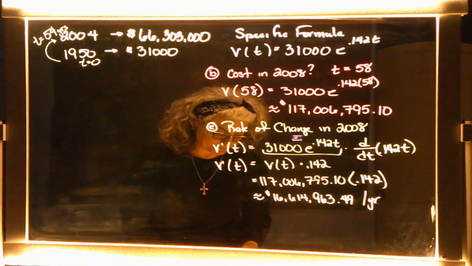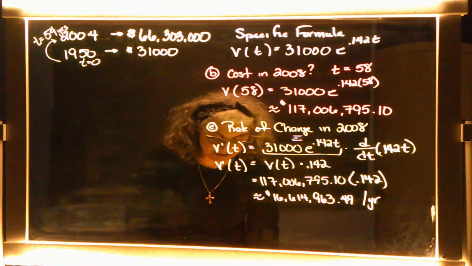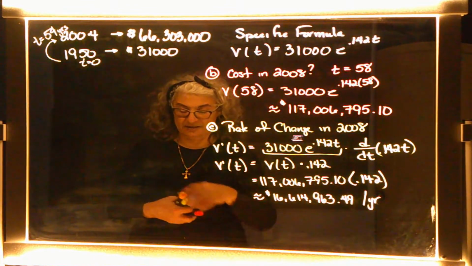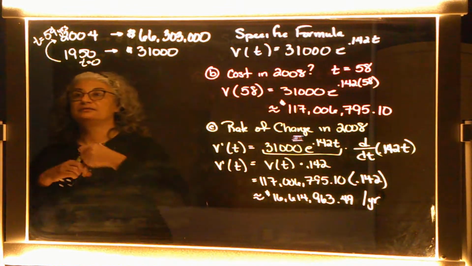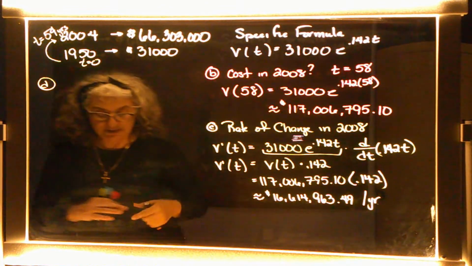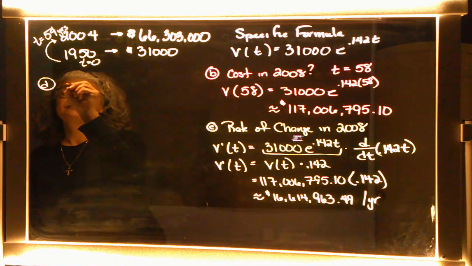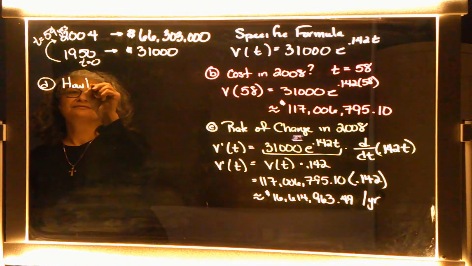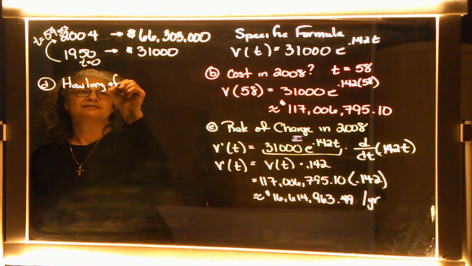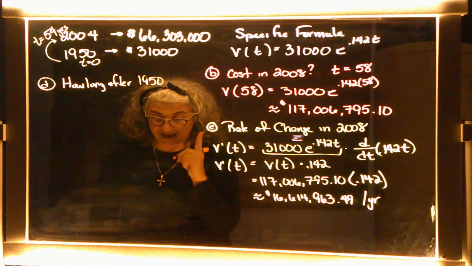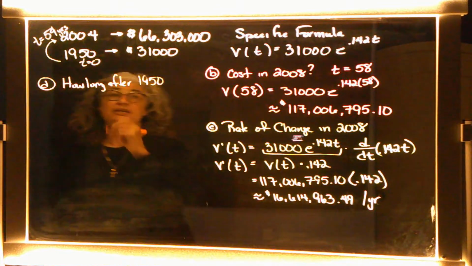Now, let's get part D up here on the board. Part D says, how long after 1950 will the value be $8 billion?